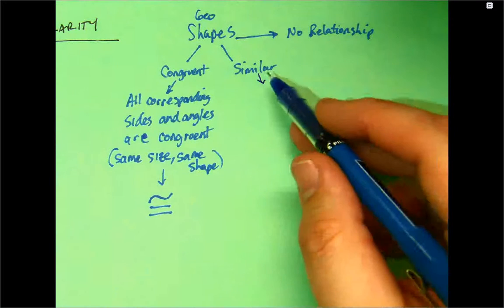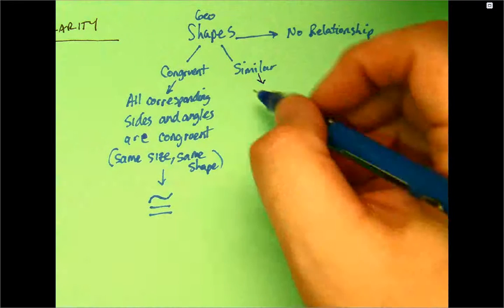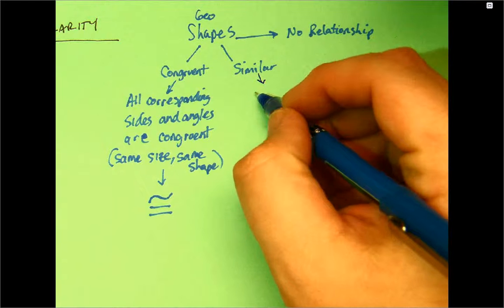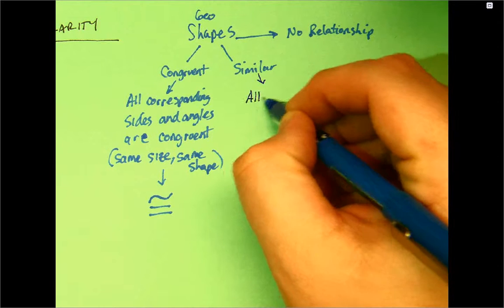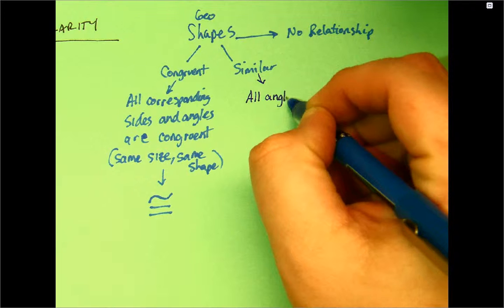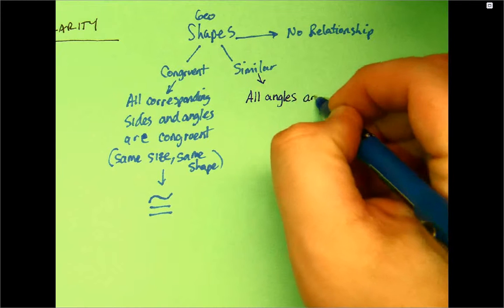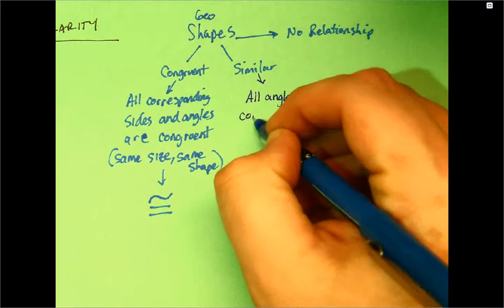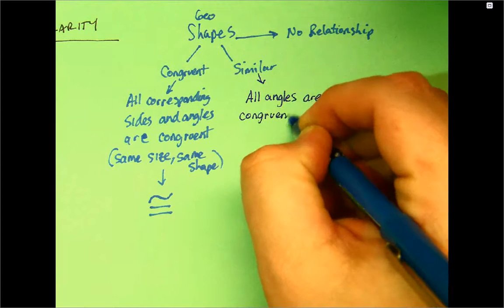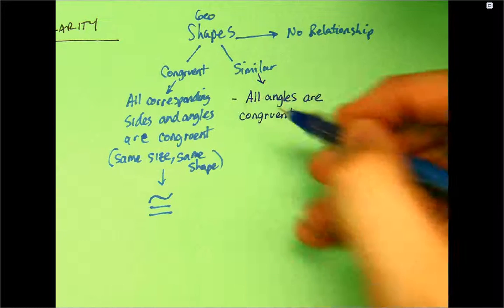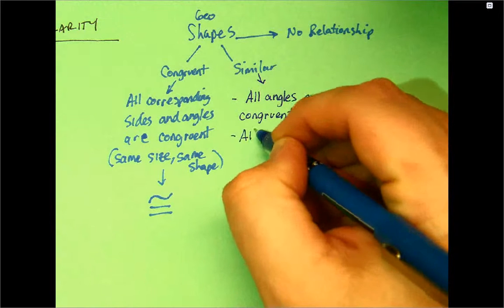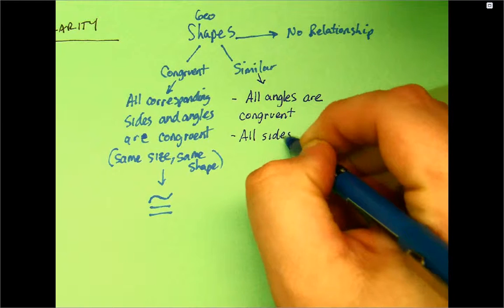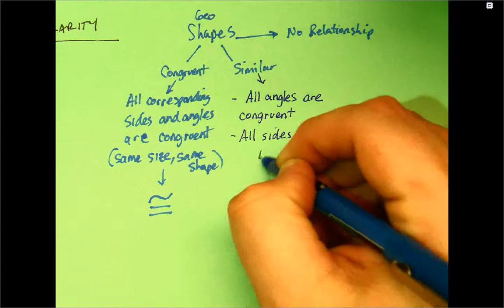Now, for similar objects, all angles are congruent. All sides are proportional.